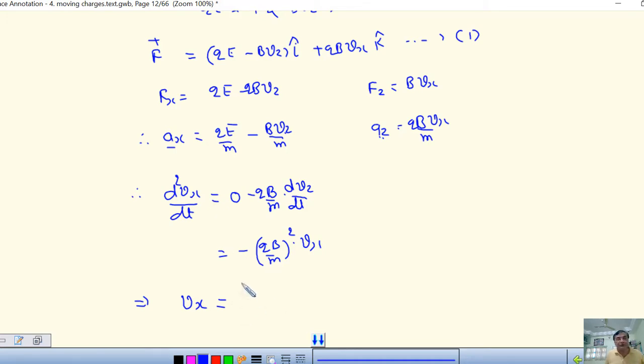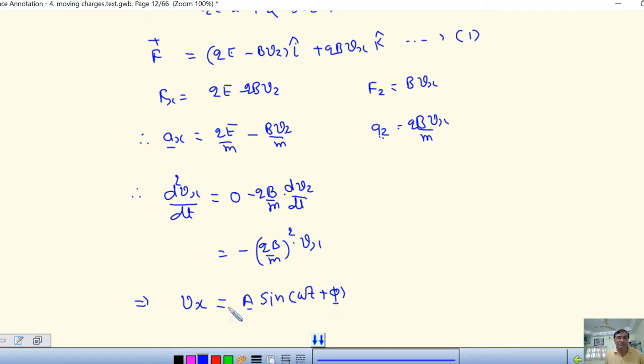We can write vx equal to some constant, I don't know what the constant is. Suppose I write a sine omega t plus phi, where a and phi both are constants. Omega square vx. How do we determine a and phi?